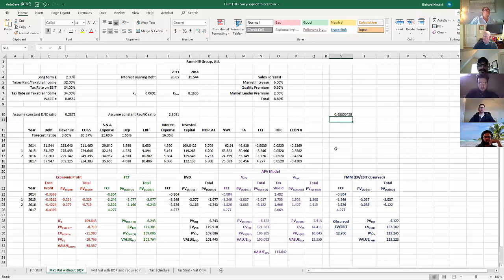And if I want to use that relationship to forecast my invested capital, so I'm going to do another invested capital column here, I can just go ahead and say that ratio times this revenue would give me invested capital. And notice it gave me 119.29, which is exactly what it's given me over here.